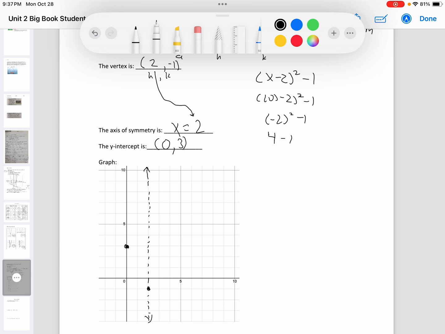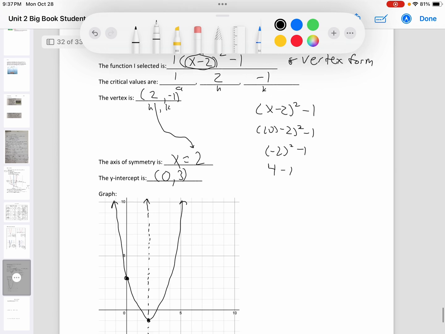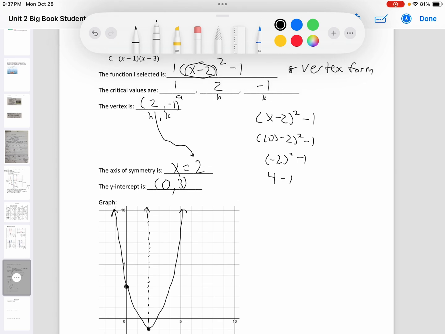And then I just need to draw the curve that would go through these points. So it's going to look something like this. Now go ahead and pause the video if you want to choose this form, because I'm going to do the next couple forms in a second. So pause the video before I erase and do the next form.